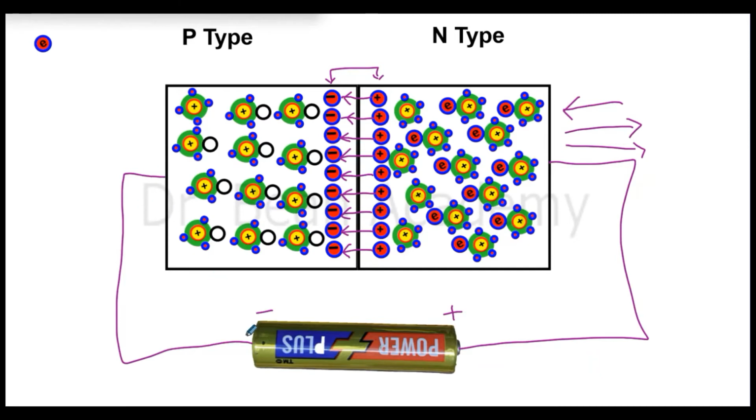You can see the negative charges may just flow to fill the holes here, but actually there is no flow of current across the PN junction or the whole setup. There is no flow of current, because flow of current will constitute if something crosses this barrier which has been set up in the middle. If nothing is crossing this barrier, there is no flow of current across the device.